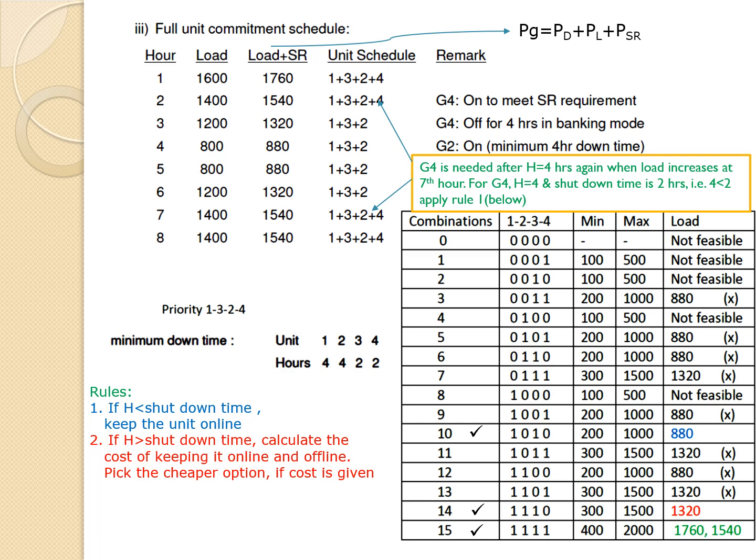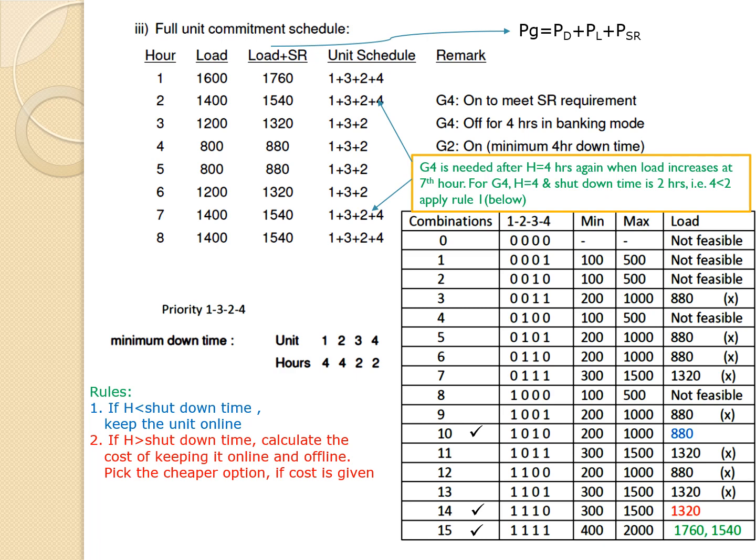Now in the next column we are calculating load plus SR, that is, at any given time the load plus spinning reserve will be calculated. The load was 1600 and the spinning reserve is 10% of the maximum load or the forecast peak demand. So we calculate 10% of 1600, that is 160, plus the load of 1600.